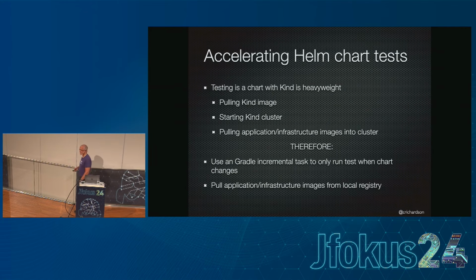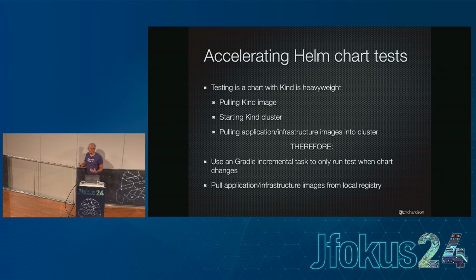Downside, though, is that it's kind of heavyweight because in the CI, you have to install kind. You have to download the kind image. You've got to start up the cluster, and then you've got to perhaps pull down various container images as well, and that can be a little slow.